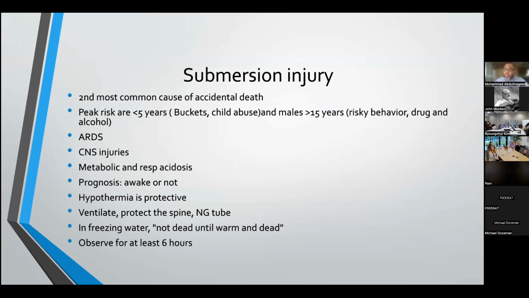Peak risk is in children below 5 years of age, and usually there are two main reasons for those children to die: either falling in a swimming pool, and that's why it's a requirement in some states or almost all states that when you build a swimming pool with children in the house, you have to have about a 1.5-meter high fence surrounding the swimming pool, so you can avoid this kind of injury.